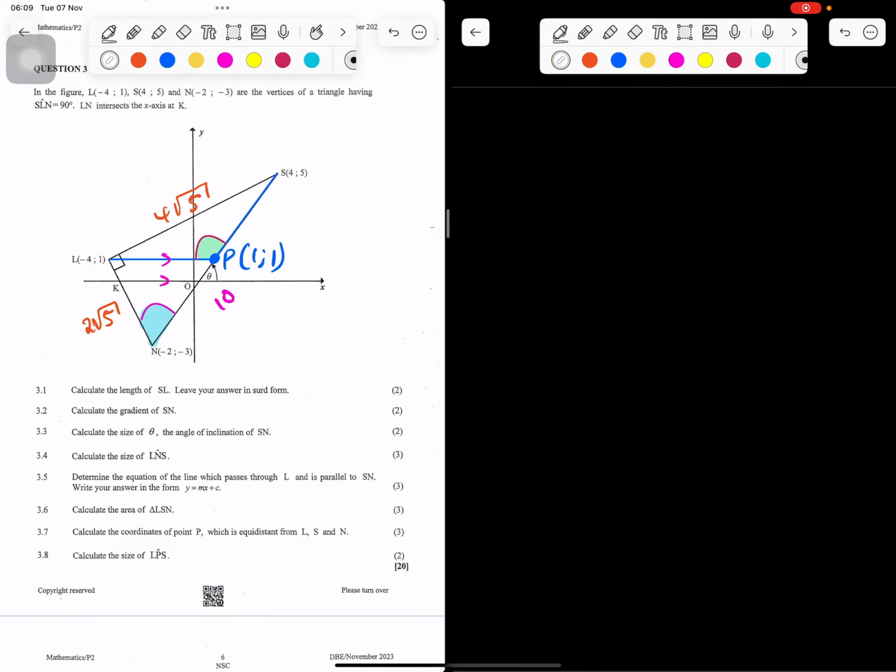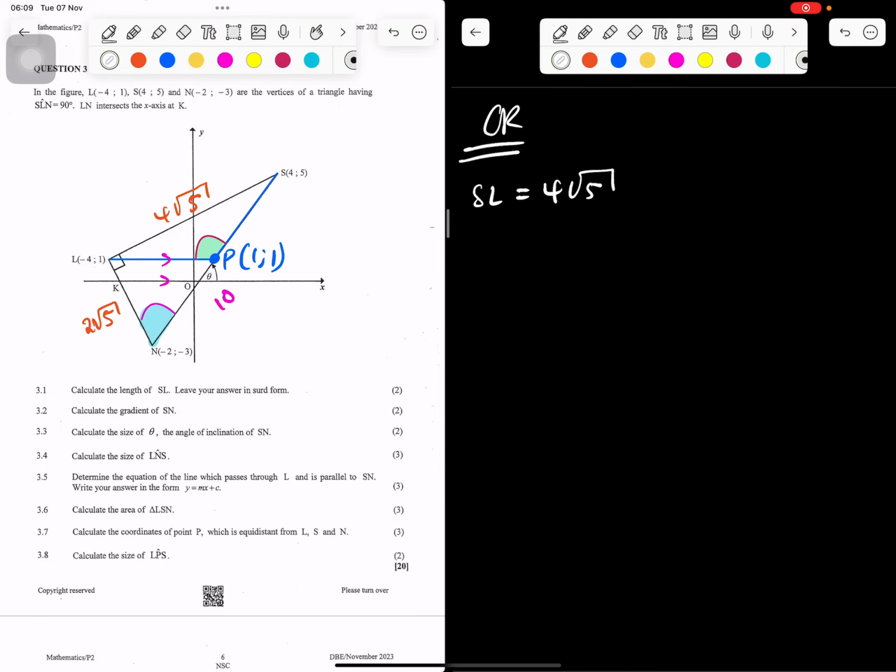The other way to do it would be to look at that angle in its entirety, like that triangle of LPS. If you look at that triangle, you have SL from the first equation, and that was the square root of 5.